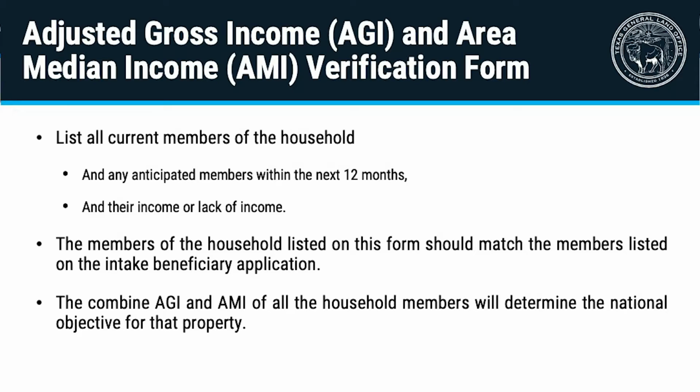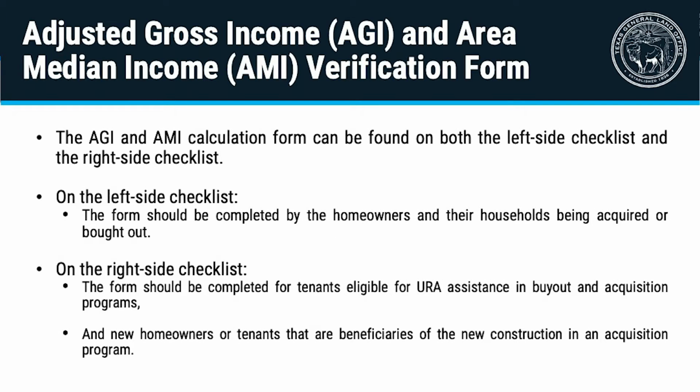The combined AGI and AMI of all household members will determine the national objective for the property. The AGI and AMI calculation form can be found on both the left side checklist and the right side checklist.